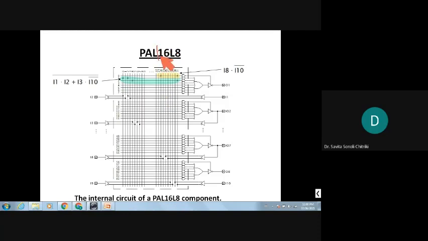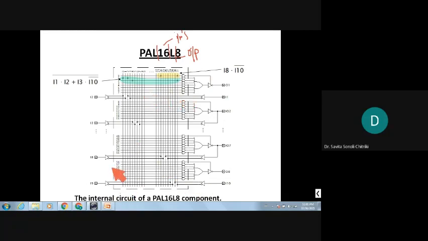What does 16 indicate? 16 indicates inputs. Then 8 indicates outputs, active low outputs.